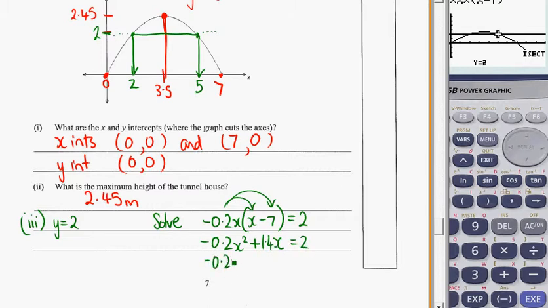Negative 0.2, we always get 0 on the right hand side if we're solving a quadratic. I can see this is a quadratic. Not an easy one to solve. There are some things we can do to help ourselves here.